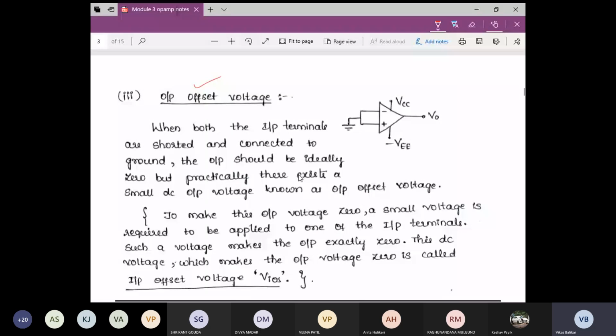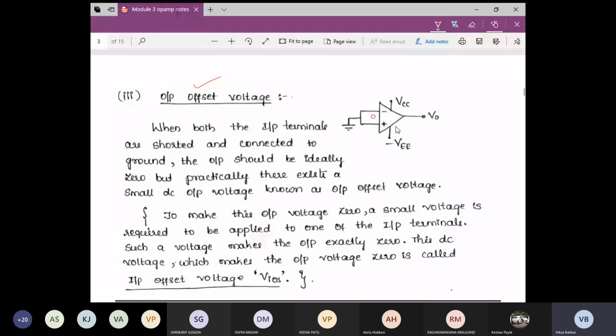See here, when we are connecting an op-amp, let's say that I'm tying both the non-inverting and inverting terminals to the ground. So what input have I given? Just let me know what will be the input to both these terminals. 0, right? If I am giving 0 as input, what do you expect?